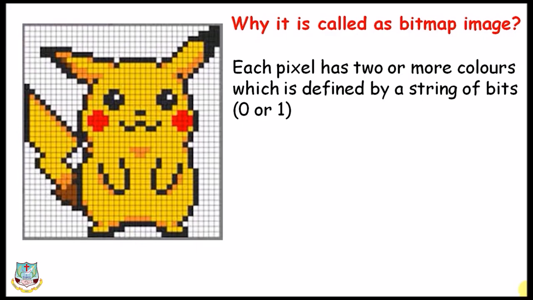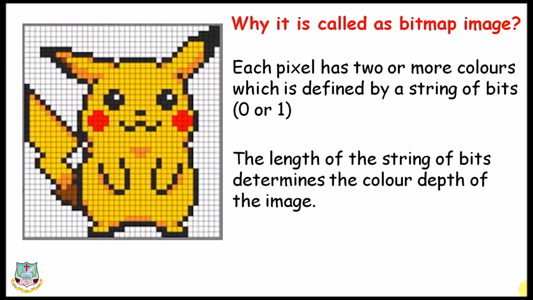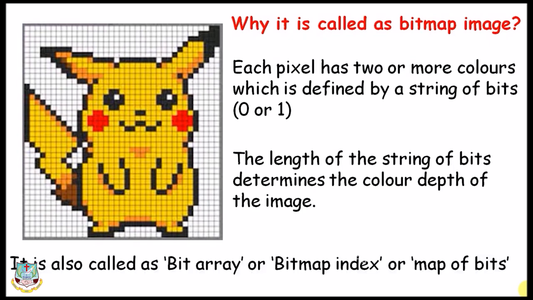The length of the string of bits determines the color depth of the image. If there are only two colors, it will be denoted as 0, 1 or 1, 0. If there are more colors, it will be denoted with more bits. If it has 8 bits, then it shows 256 colors.